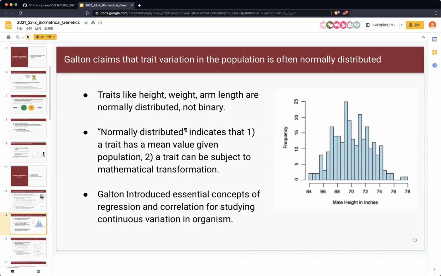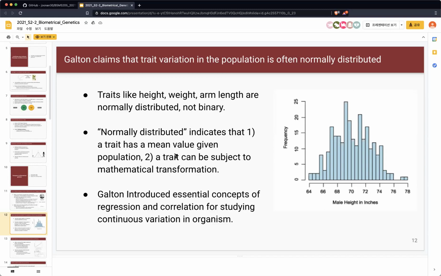So we can summarize the population values using the mean, and also the concept of variance, that is the deviation. So we can think about how much an individual deviates in terms of the trait value, right?